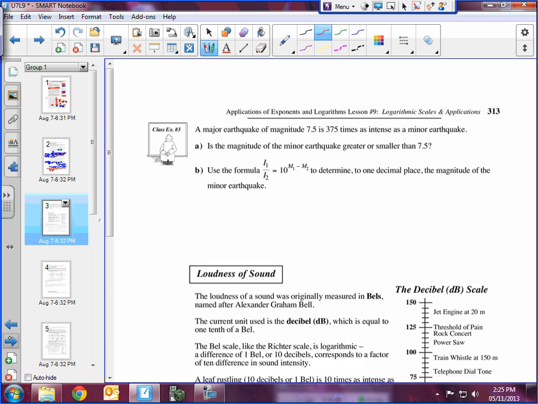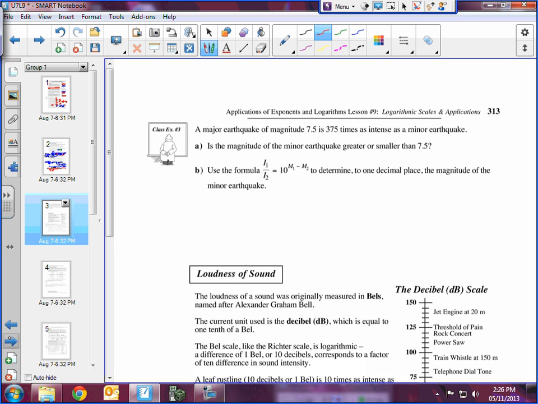Okay, now we have a major earthquake of magnitude 7.5. It is 375 times as intense as a minor earthquake. So is the magnitude of the minor earthquake greater or smaller than 7.5? What do you guys think?